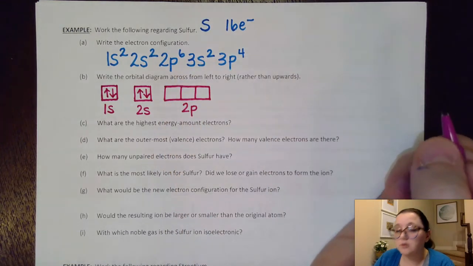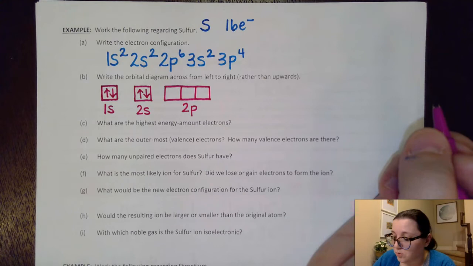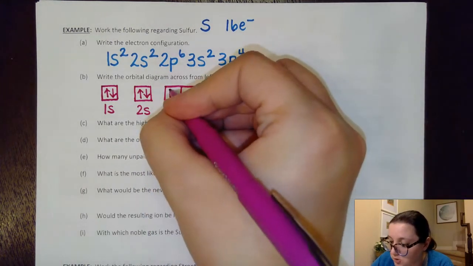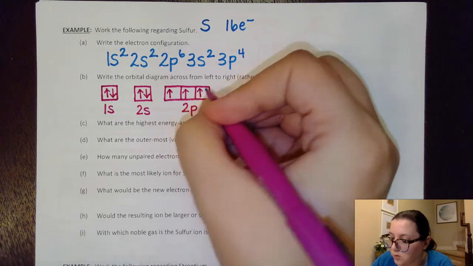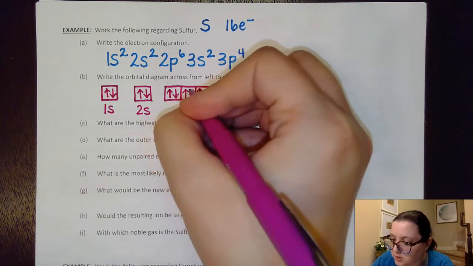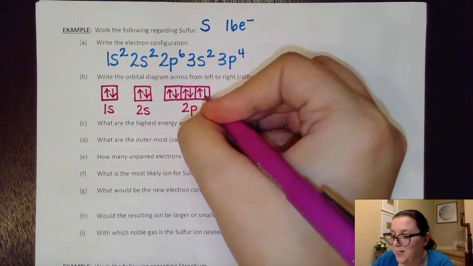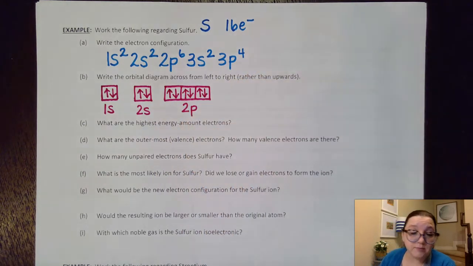As a reminder, we want to follow Hund's rule, which says we only put one into each before we double up. But I'll be honest, on this part they're all full, so it didn't really matter that I filled it in a particular way. But it's a good habit to get into because it makes a really big difference on the last sublevel that you construct.